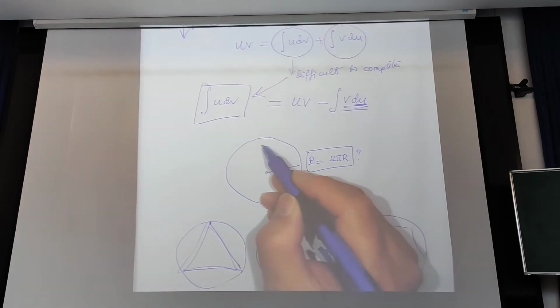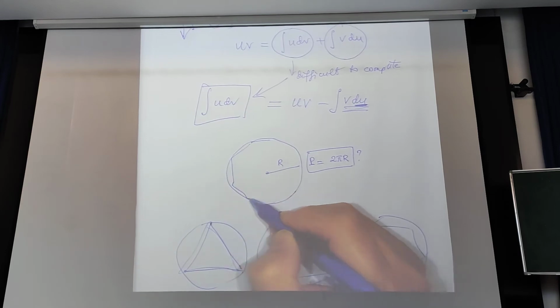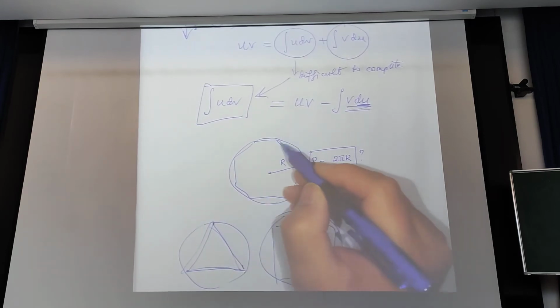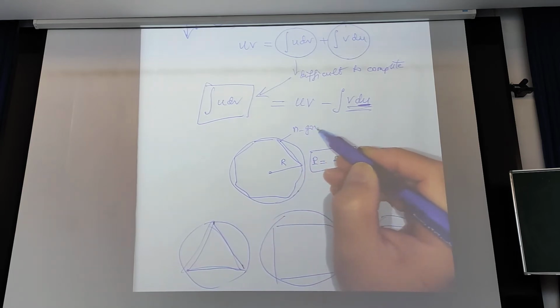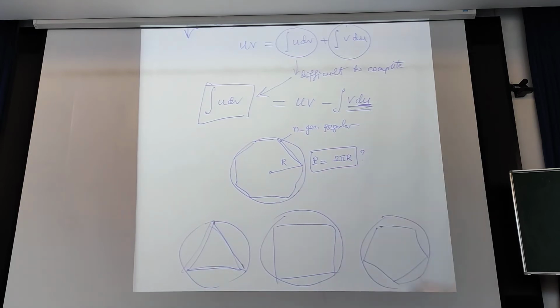So in this case, they think about finding the perimeter of the regular n-gon, tức là đa giác đều nối tiếp trong cái đường tròn này.